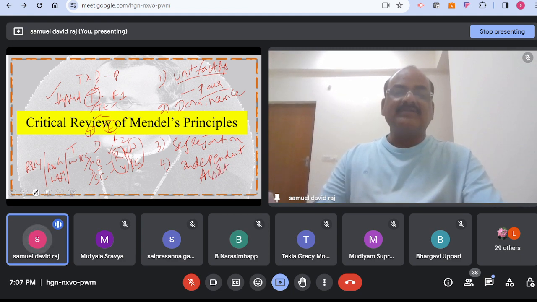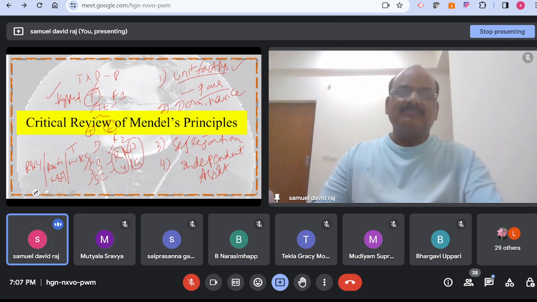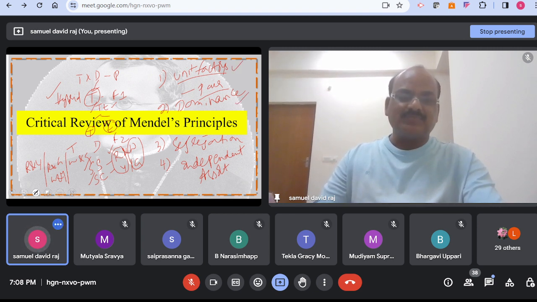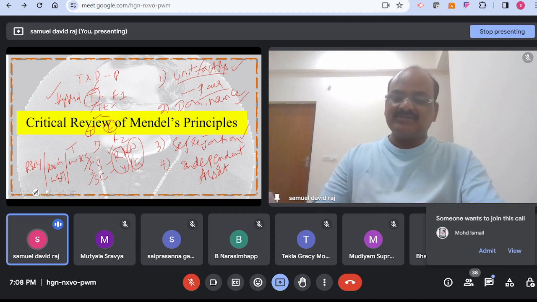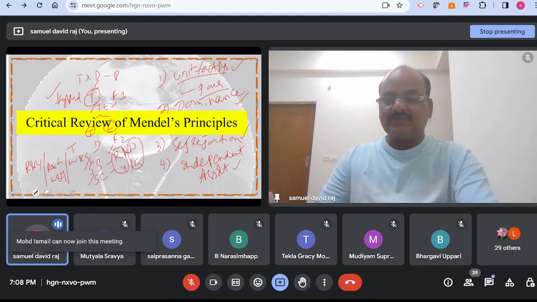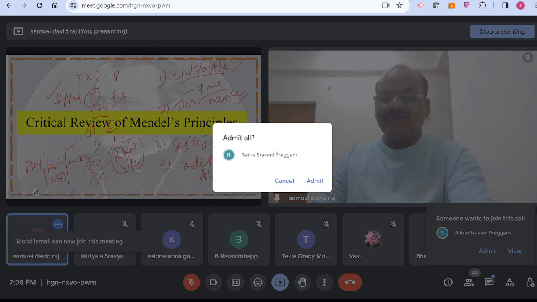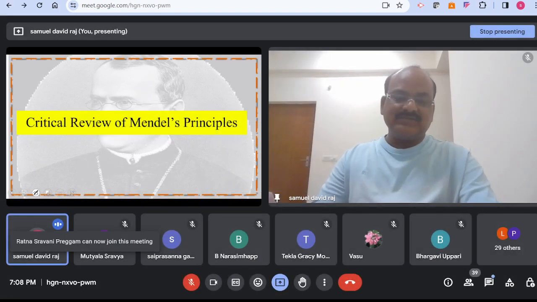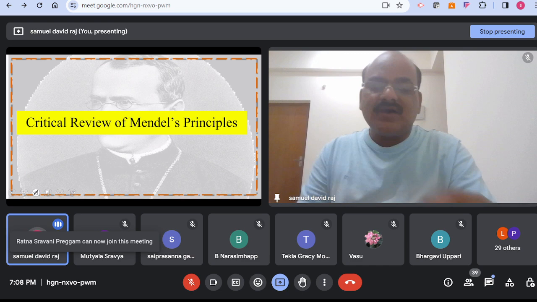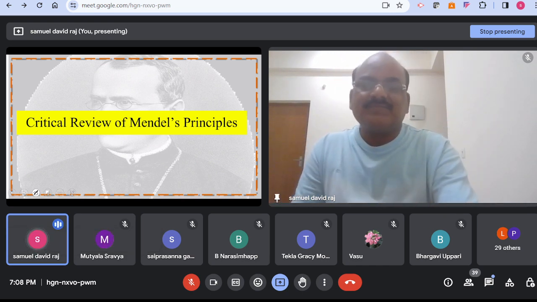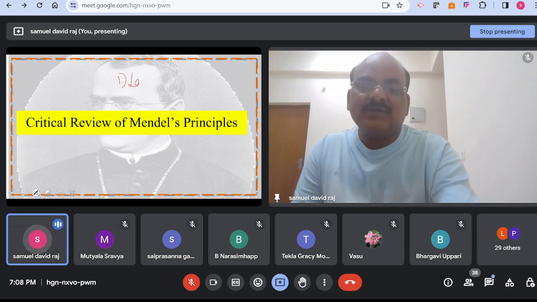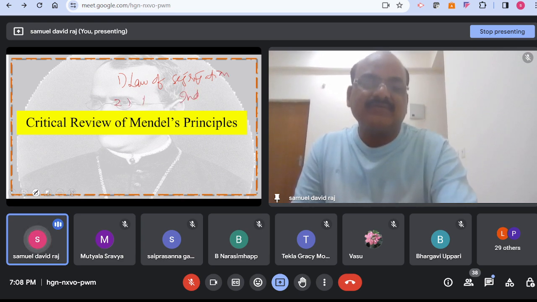Thus Mendel proposed four principles or postulates: the principle of unit factors, principle of dominance, principle of segregation, and principle of independent assortment. Based on this, Correns and Tschermak proposed two laws: the law of segregation and the law of independent assortment.